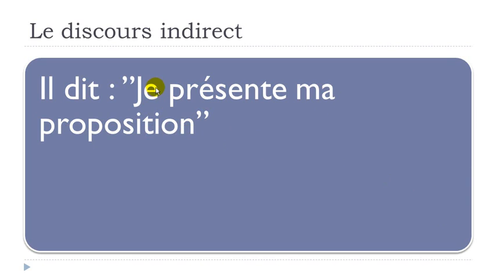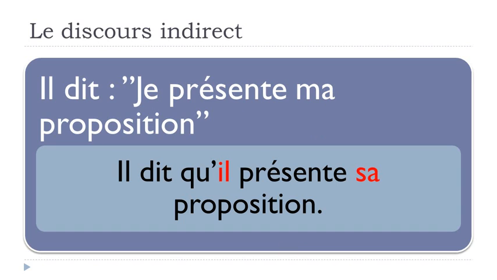So in that sentence, we know, because we've been seeing that in the previous examples, that je will have to change. And then in that case, we assume that this ma, so adjectif possessif, will have to change also. And let's have a look.